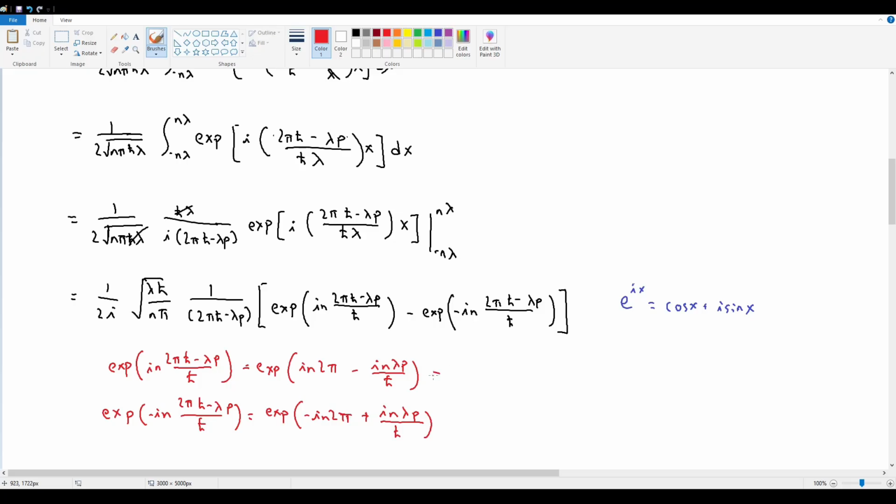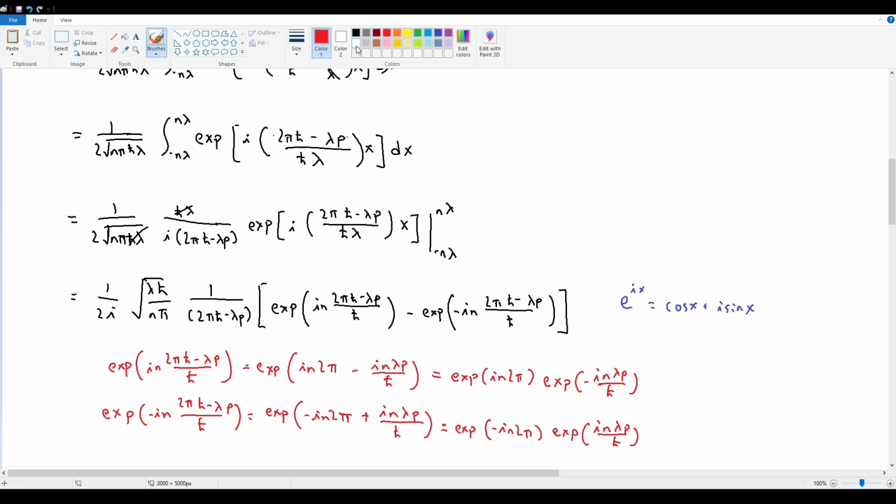And then if we split these up further, this is exp of i n 2 pi times exp negative i n lambda p over h bar. This is then exp negative i n 2 pi times exp positive i n lambda p over h bar. And now I have exp of i n 2 pi.